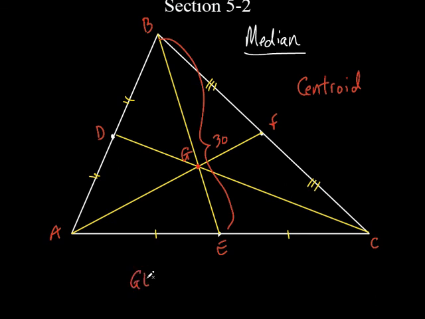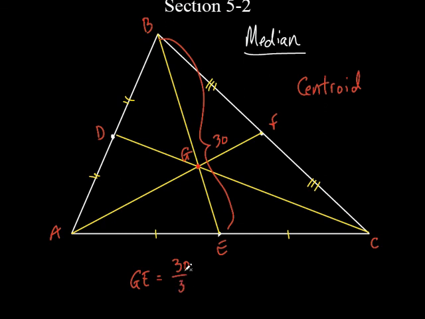Find GE. By 3, that's right, because remember we broke this down into 3 parts, didn't we? So this little bit right here is 1/3 of the whole entire thing. So if I know the whole entire thing is 30, then what's this little bit right here? It's 30 what? What's the math you did? Divided by 3. Everybody see that?